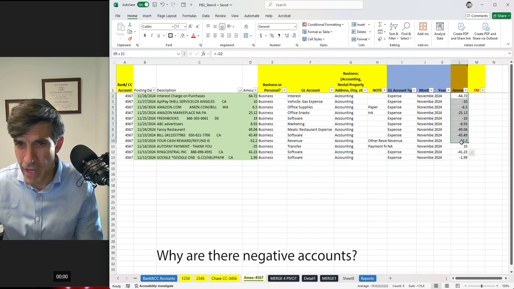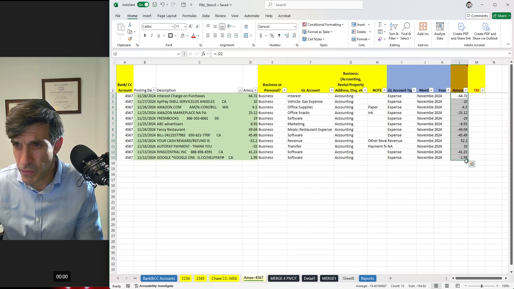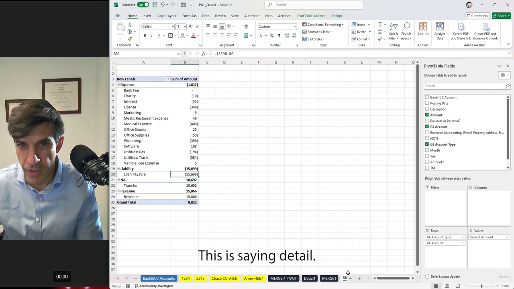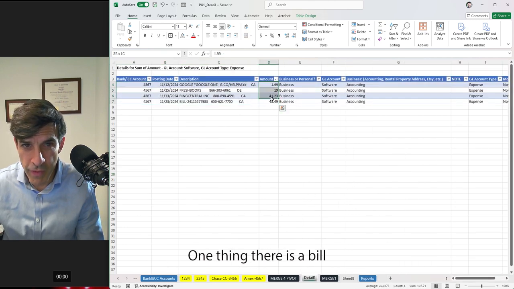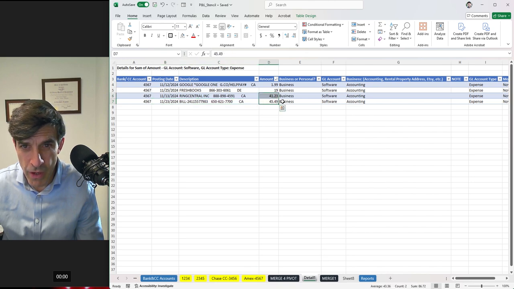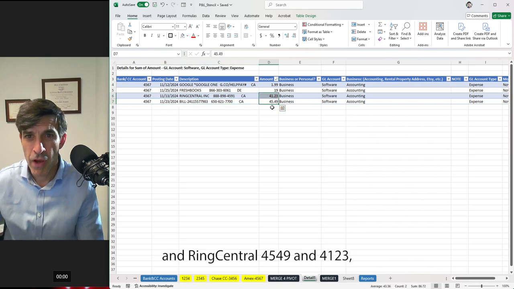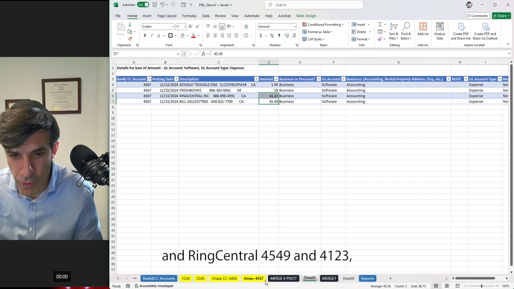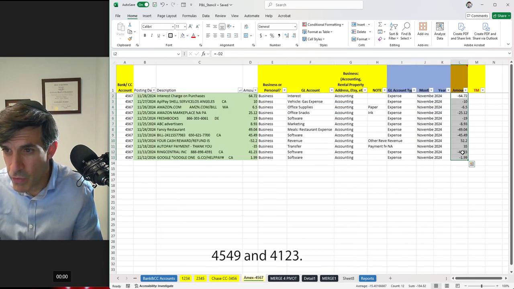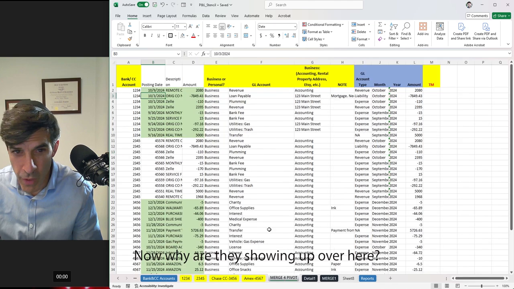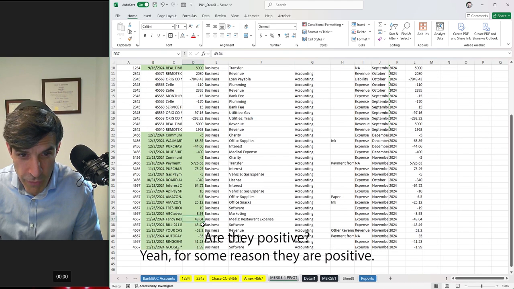Why are there positive amounts? Let's see, this is saying detail 1, saying there is a bill and Ring Central, 4549 and 4123. Now why are they showing up over here? Are they positive? Yeah, for some reason they are positive.